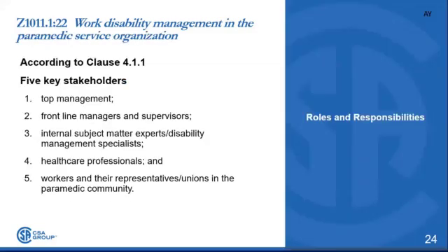Next, please. So the standard sets requirements and guidance on the roles and responsibilities of key stakeholders, and a systematic process in which organizations build capacity to address any workforce and workplace challenges. It cannot be a one-person job or a silo program within an organization.